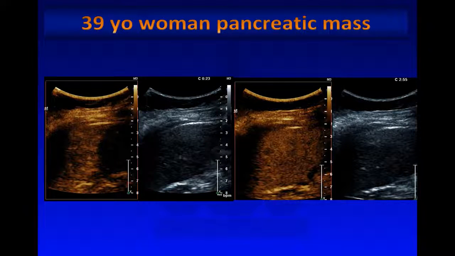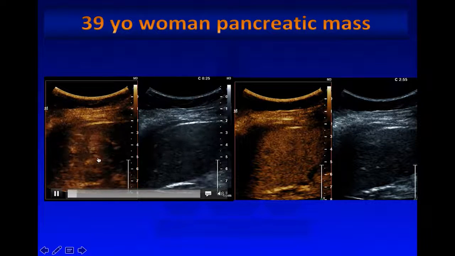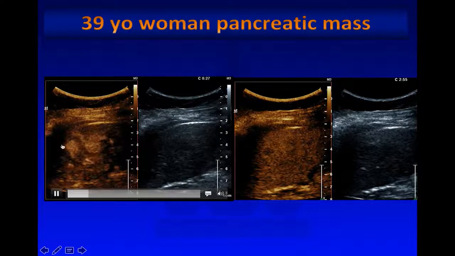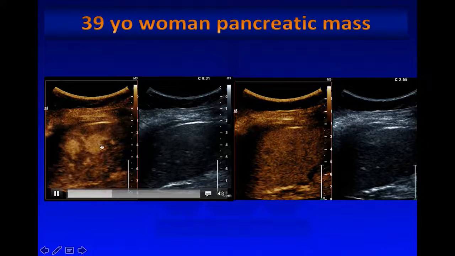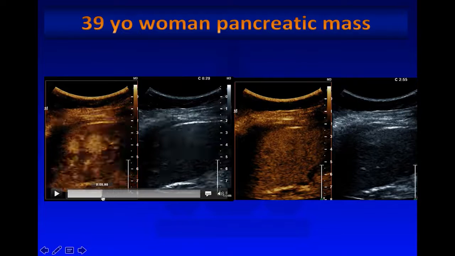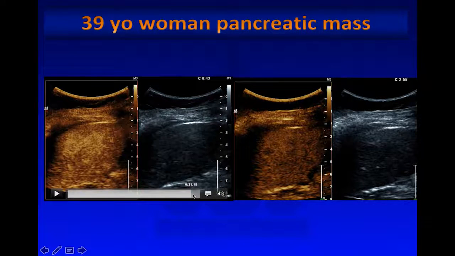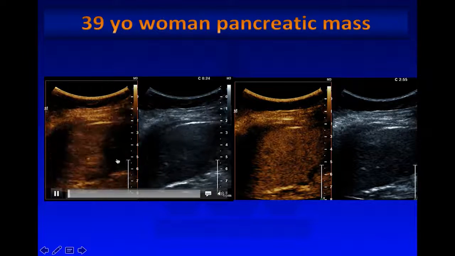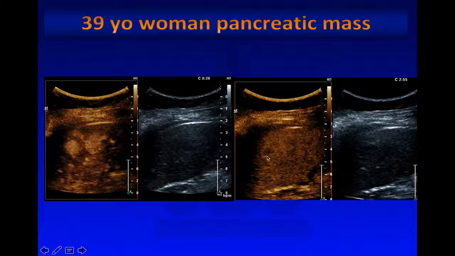Another example, another relatively young patient with a pancreatic mass. So let's look at the liver here, and you can see here very quickly arterially enhancing masses in the liver. Okay, and then if we look at the more delayed phase, you can see that by the beginning of the portal venous phase here, they're starting to de-enhance a little bit, and then more delayed, you can see that they are hypo-enhancing.